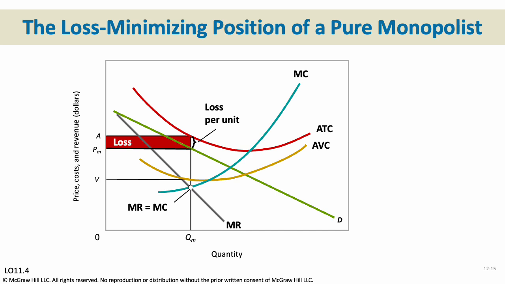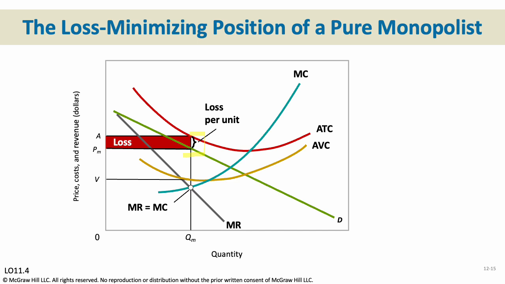The loss is simply going to be average total cost, or the red line, minus PM, or A minus PM. That's right here that I'm highlighting. So our average total cost is higher than our price. So we are losing money per unit, but this is the minimum loss we can achieve here.